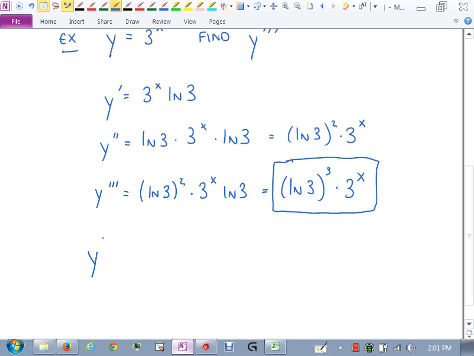If I asked you to take the nth derivative of this, it would be natural log 3 to the n times 3 to the x, wouldn't it? That would be like a big formula for the derivative, right? If I want the 100th derivative, it's just natural log 3 to the 100th. We wouldn't actually have to go figure them all out. That's just pattern recognition, we would see that.